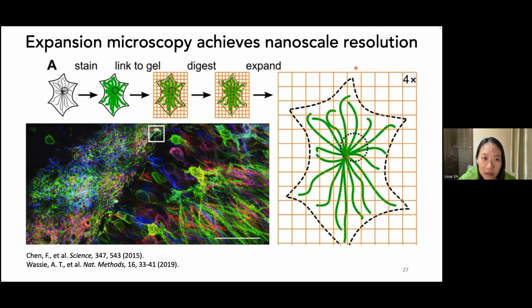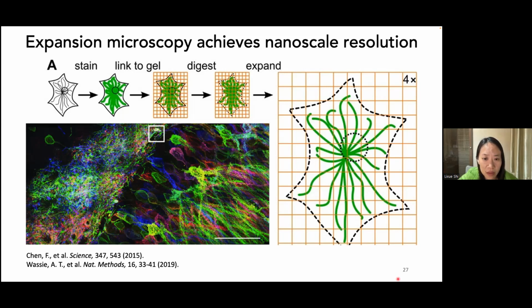It achieves sub-diffraction-limited resolution on a conventional scope through physical expansion of tissue samples, which are embedded in a water-soluble polymer gel. So after expansion, previously unresolvable structures can be clearly visualized with a diffraction-limited optical microscope. This is particularly powerful for tissue imaging, as most tissue samples are already dead and fixed.